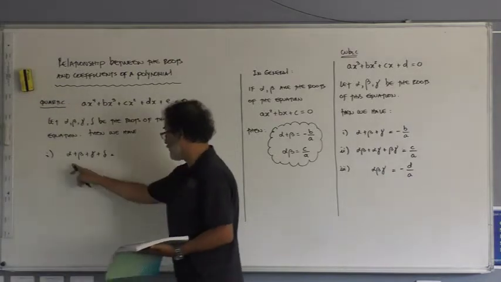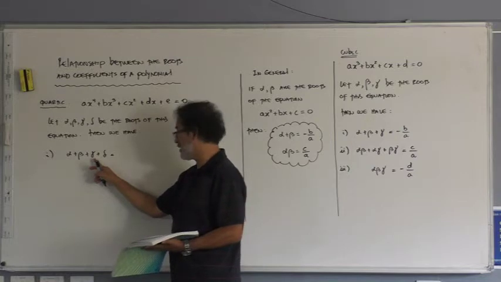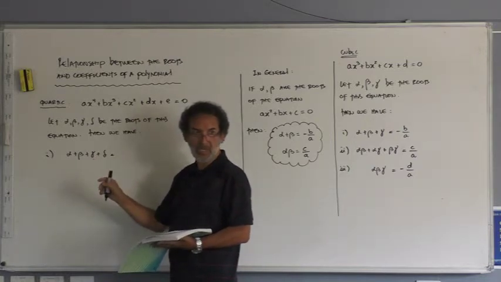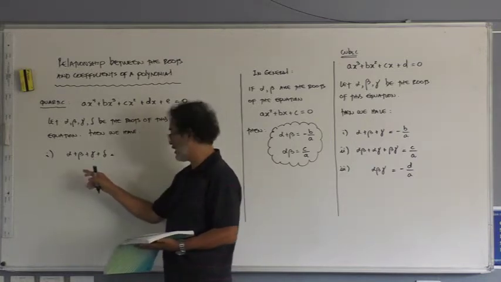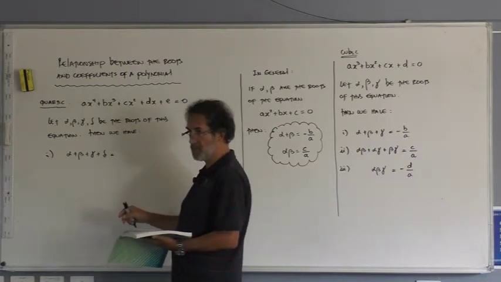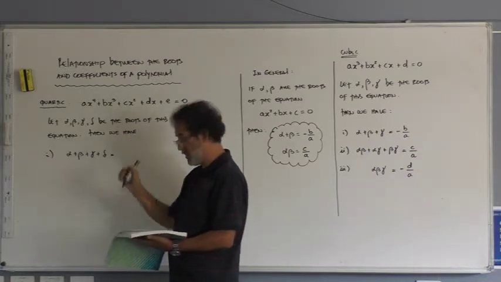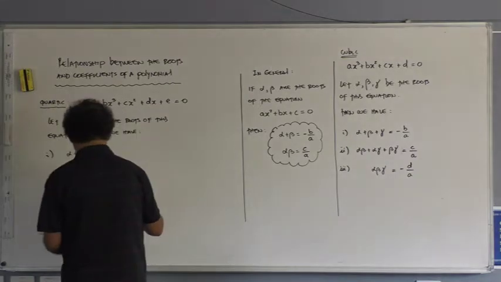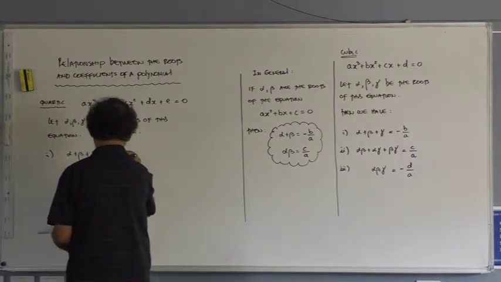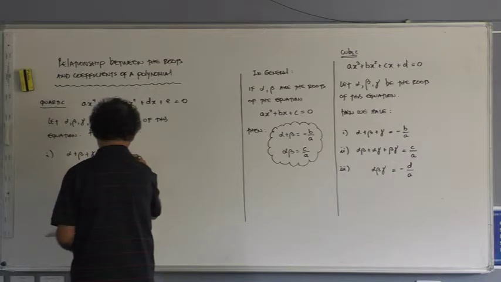When you write this, be careful because sometimes delta and gamma look similar. So you've got to be careful. This is going to be equal to minus b on a. So that doesn't change.